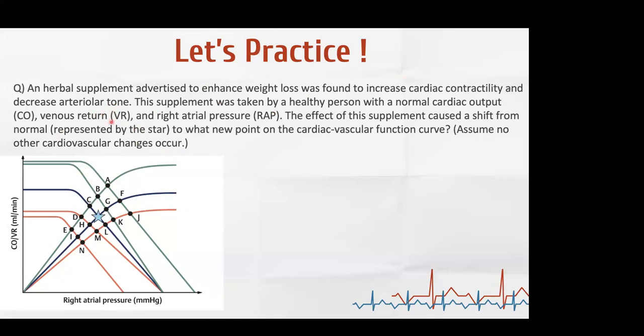So now you decrease the tone, so you vasodilate. Dahman, you want to answer? Okay, I'll answer it. We're increasing the contractility, and we are also vasodilating, so we're increasing the venous return too. I think my theory is B, but I'm not quite sure. Let's go step by step.